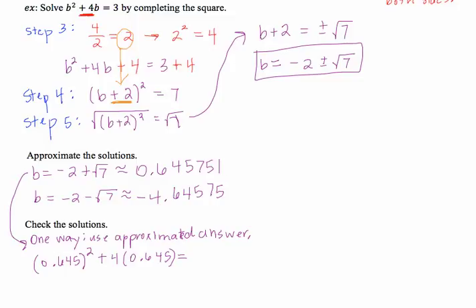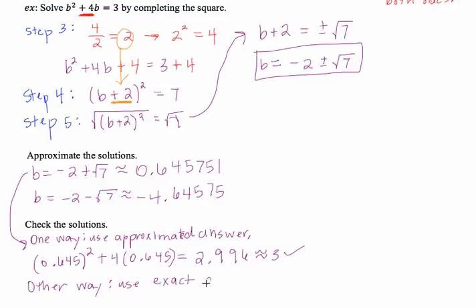So 0.645 squared plus 4 times 0.645, if I retype it, I get 2.996. Now that is approximately 3, which is what I want, and I would expect a little bit of rounding error because I rounded. So basically that shows that yes, that does work. The other way to check is to use the exact answer.